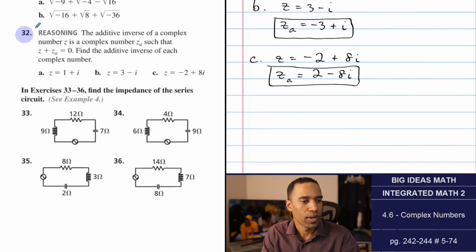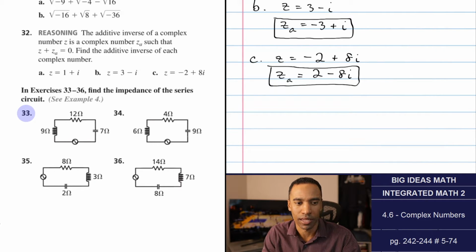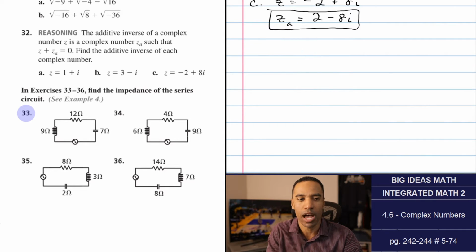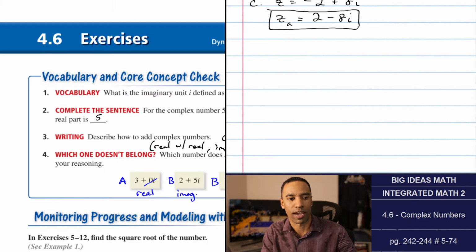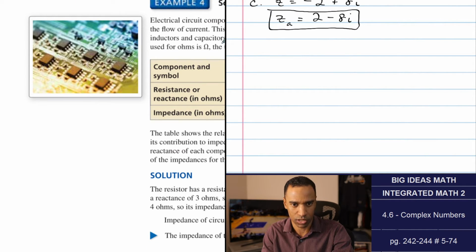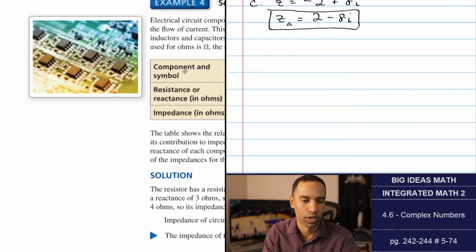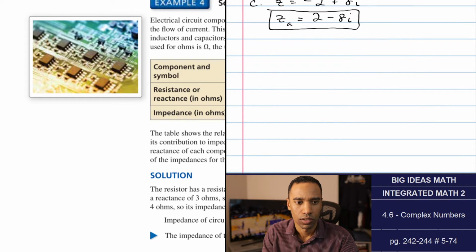All right, numbers 33 to 36. Now, you might want to go to the lecture portion where we do the circuit stuff, where we're going to find the impedance of the series circuit. I'll copy paste that table so we know what we're using, from a resistor, inductor, and capacitor's resistance or reactance to their impedance.